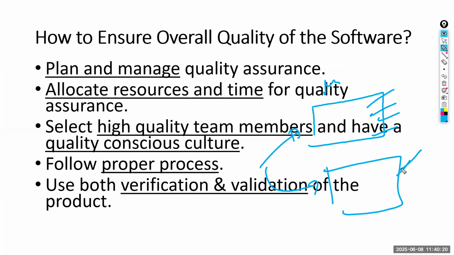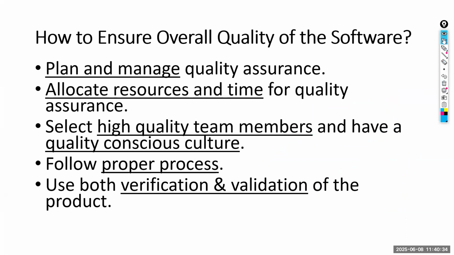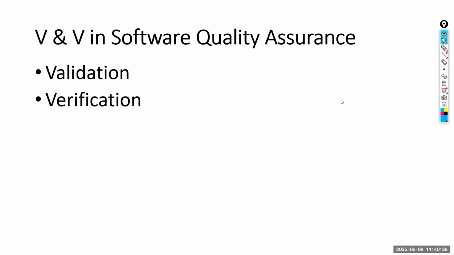That means, first of all, they write bug-free code as much as possible. At the same time, they will make sure that your software is properly tested. So ultimately, you get a high quality product, high quality software.